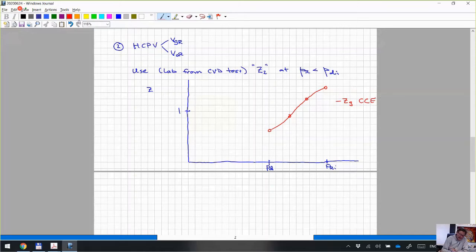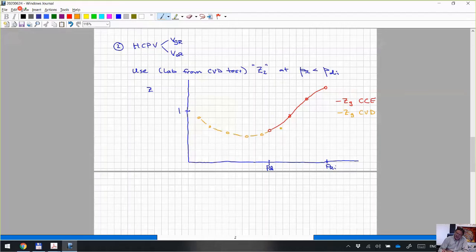And then we're going to have true gas phase Z factors from the CVD. And they're going to look like this. They will be approaching 1 at low pressures.